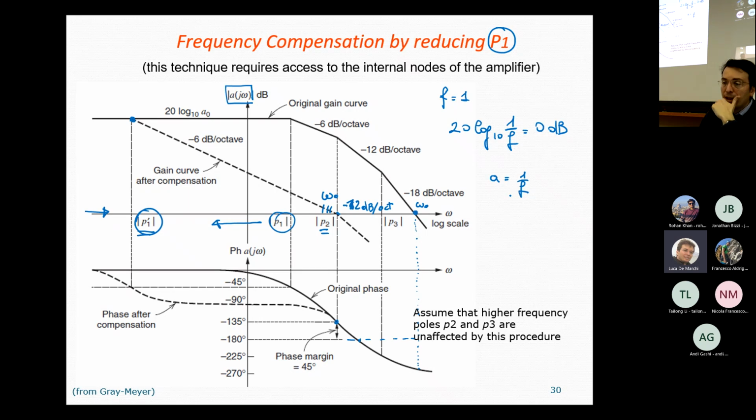So when this curve hits the 1 over f curve, then we have omega null. Here we have to jump to the phase curve, and we have to check whether we are over or below the minus 180 degree curve.